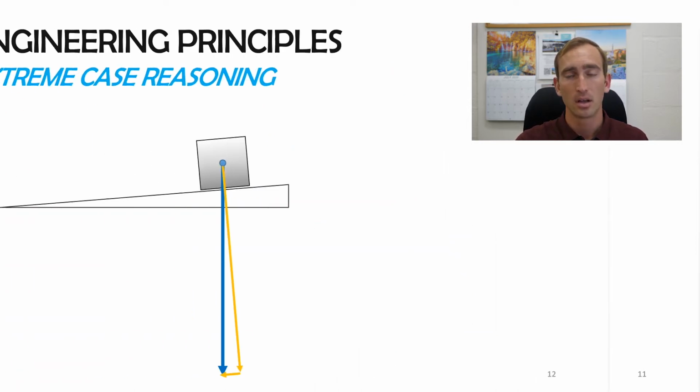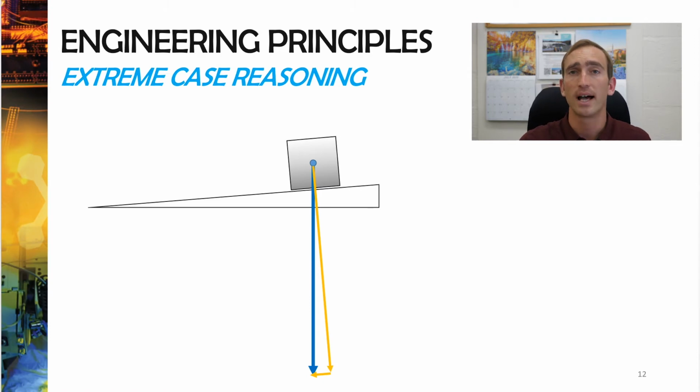Another very useful tool in this class and in all of your engineering classes is this methodology called extreme case reasoning. What this more or less means is if you're ever confused by a drawing or a particular situation, you just need to think of the absolute most ridiculous version of that problem. So in this case, I'm showing you a ramp with essentially an angle of 0.